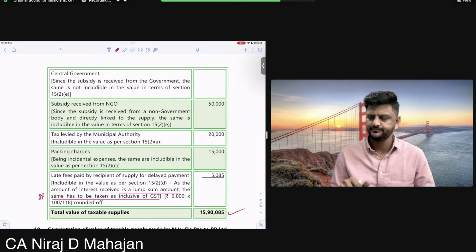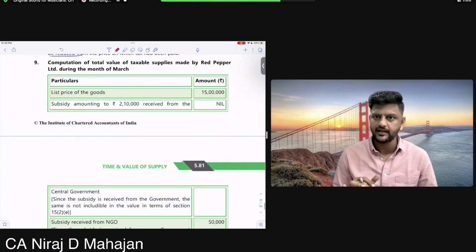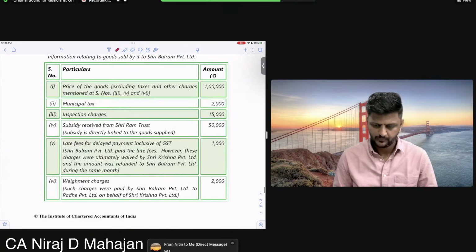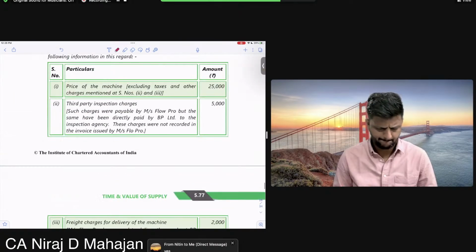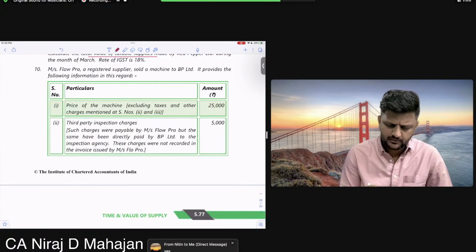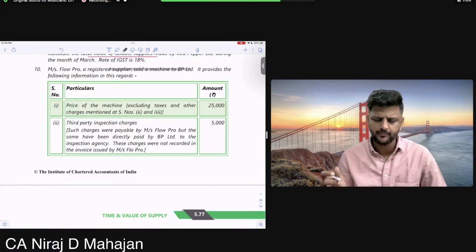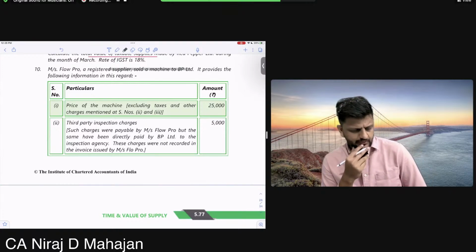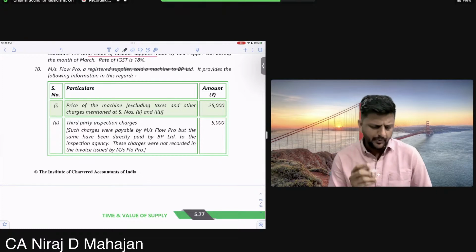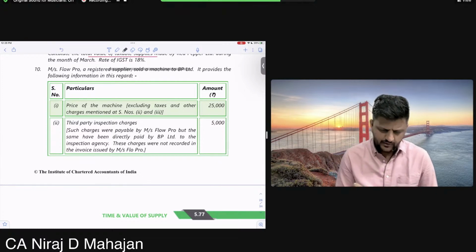Can I go ahead? Read this answer again. Mrs. Flowpro, a registered supplier, sold a machine to PB Limited. It provides following information. Price of machine excluding taxes and other charges, 25,000. Third party inspection charges. Such charges were payable by Flowpro, but same have been directly paid by PB to the inspection agency.